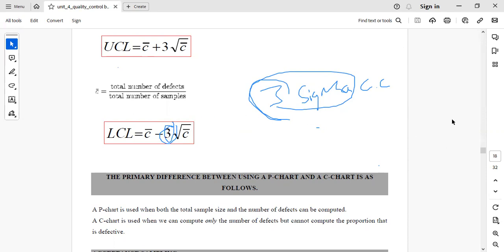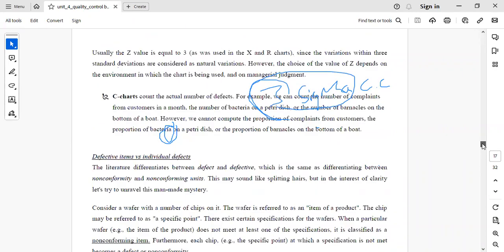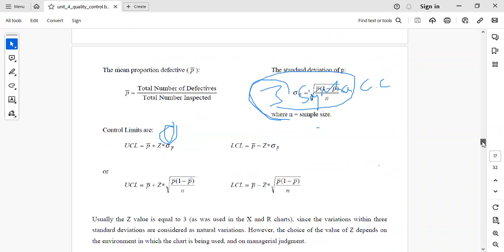Maybe the question gives you the defectives and the sample size, but they are telling you to get the 3 sigma control chart. It is upon you to know that, because those are the defectives and you can see the total number of items that were inspected, then you definitely know it is going to be a P chart. It's only that now the value of Z will be equal to 3.